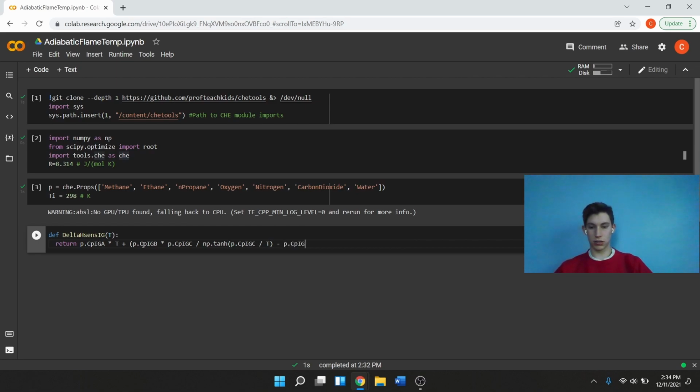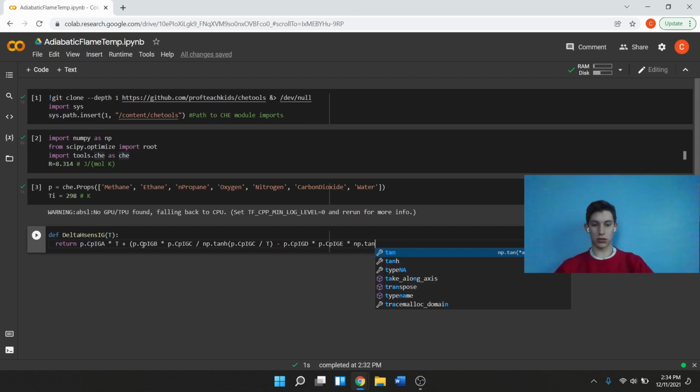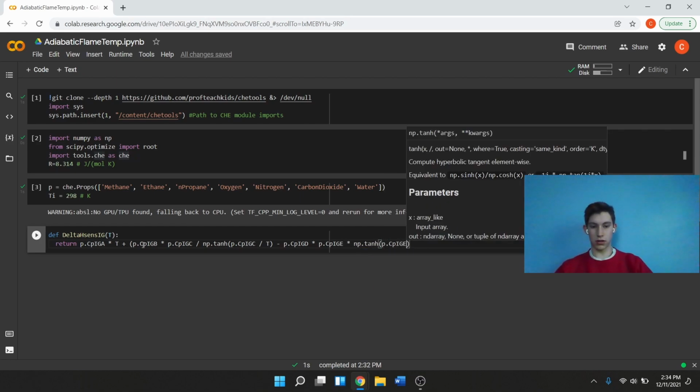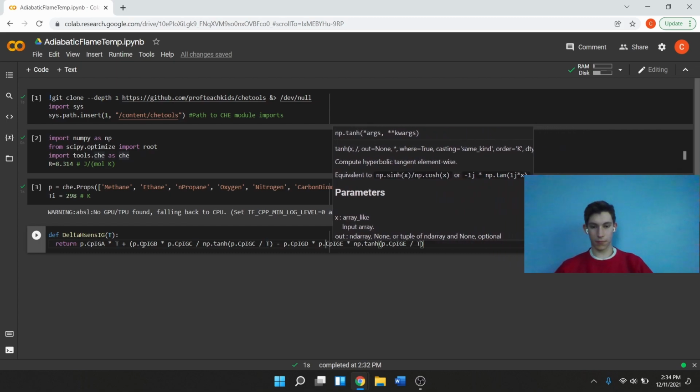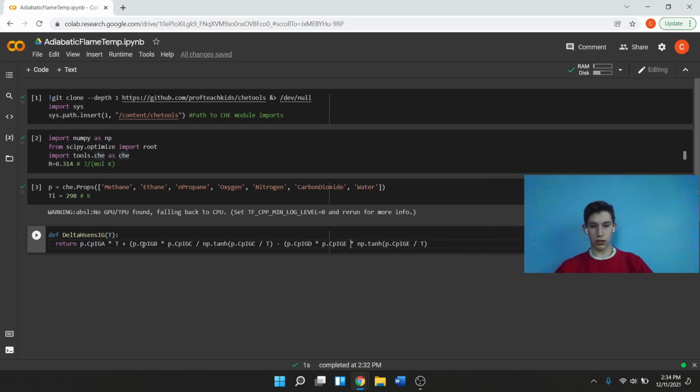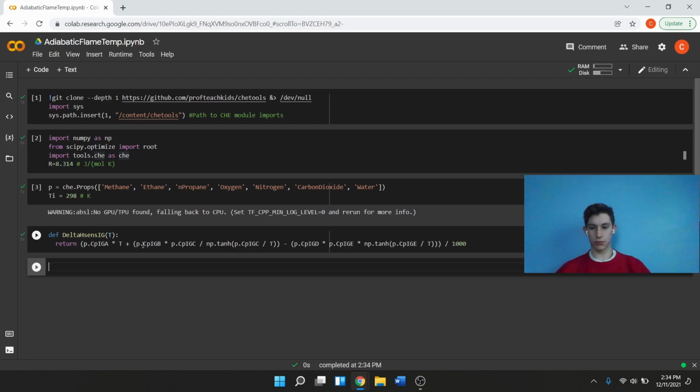And this is minus the D constant times the E constant times the hyperbolic tangent of the E constant divided by final temperature. Put parentheses around here so everything lines up accordingly, and we're going to have to divide by 1,000 because it's going to return our final enthalpy in kilojoules, and we just want joules.